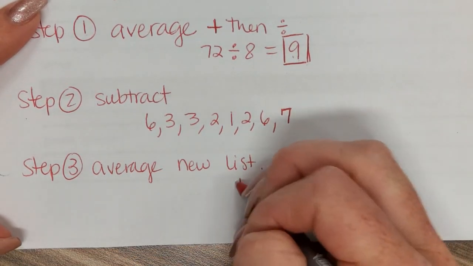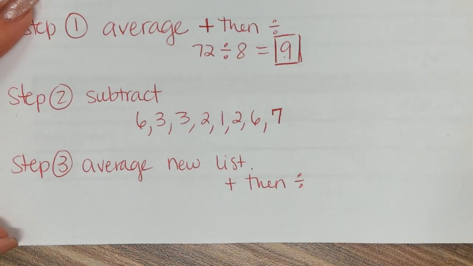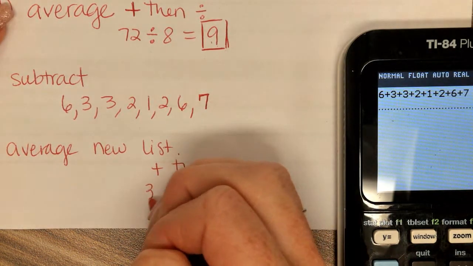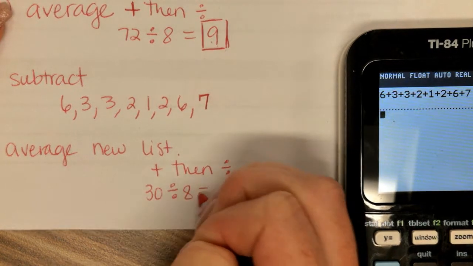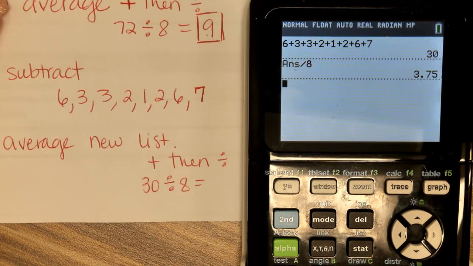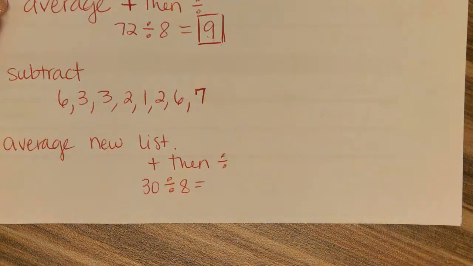So you add, then divide. So I'm going to do 6 plus 3 plus 3 plus 2 plus 1 plus 2 plus 6 plus 7. Don't forget to divide though. Then I'm going to divide by 8, and that's my final answer, 3.75.